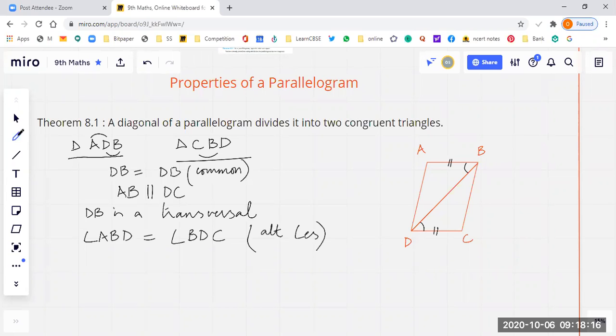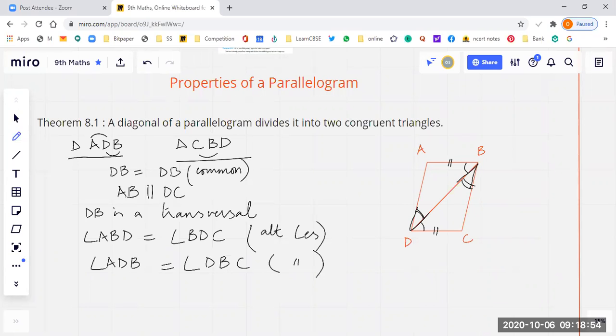You can also say that angle ADB is equal to angle DBC. These are also alternate angles. So I can say angle ADB is equal to angle DBC. Why? These are also alternate angles. Am I right?